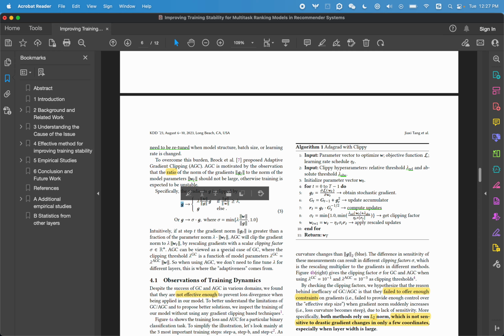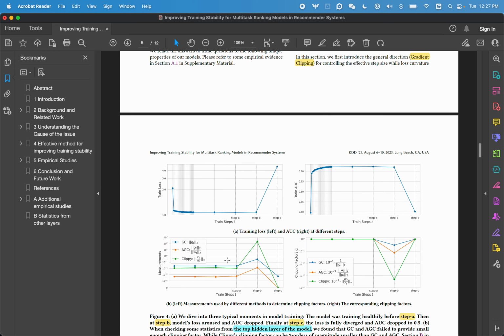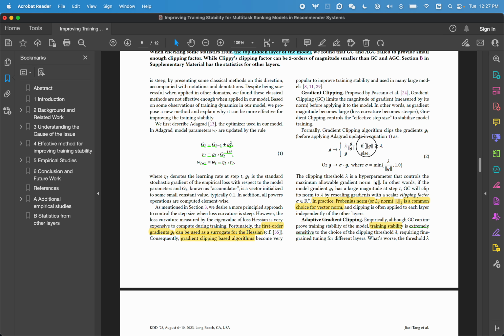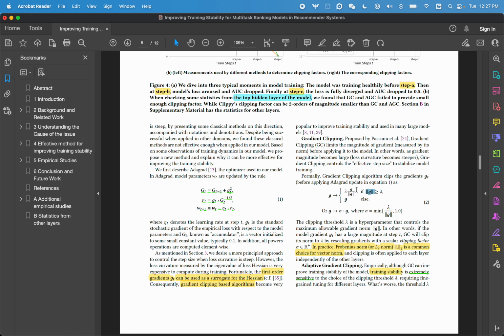So this paper is saying, okay, look at this chart, at step A, step B, and step C. This chart is about two things: the measurement and the clipping factor. You use the measurement to see if we need to do the clipping. If the measurement is larger than some lambda, we want to do the clipping.